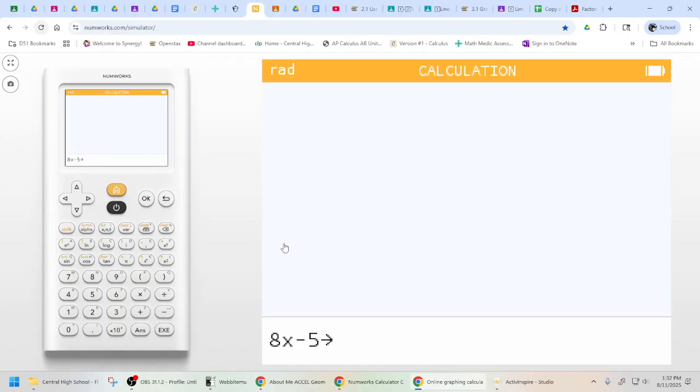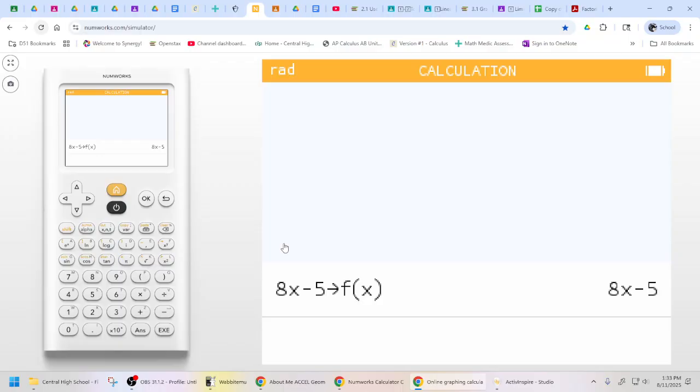You could store this as f of x by doing alpha, and somebody with yours, can you help me because I can't read the letters? F, there it is. F of x. Oh, come on. There we go. Okay, so now this is stored as f of x.